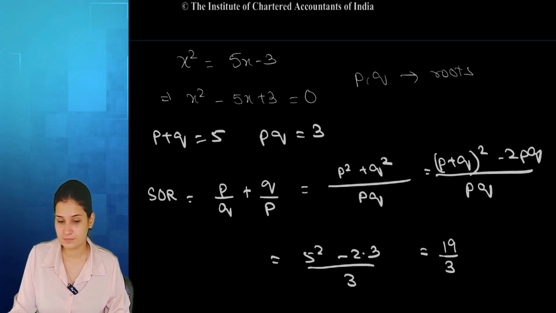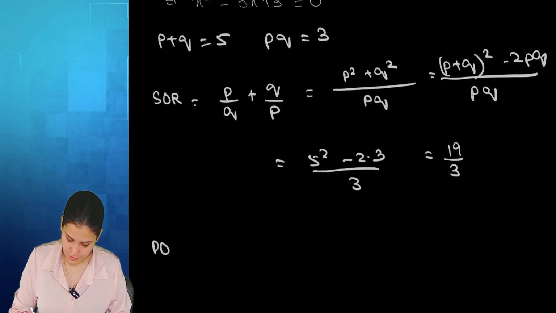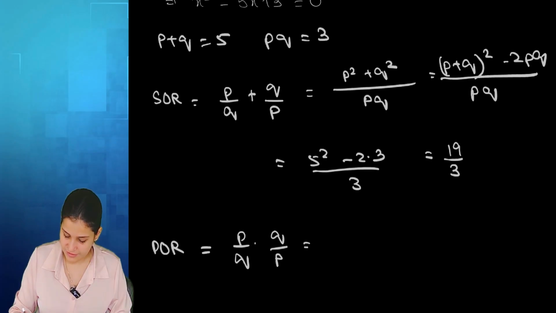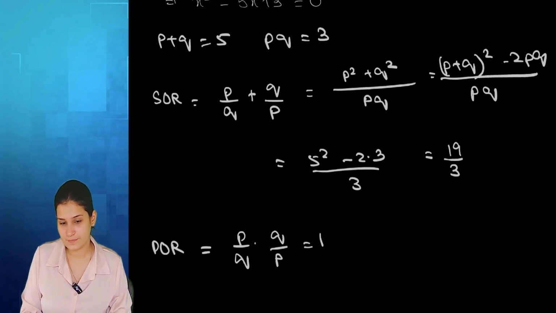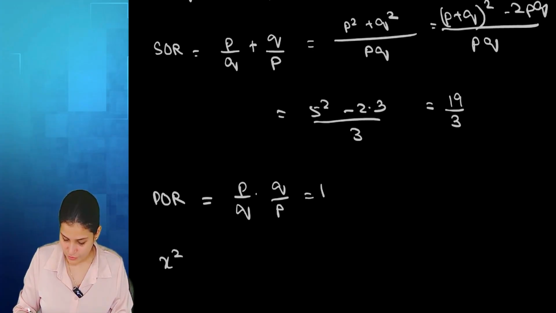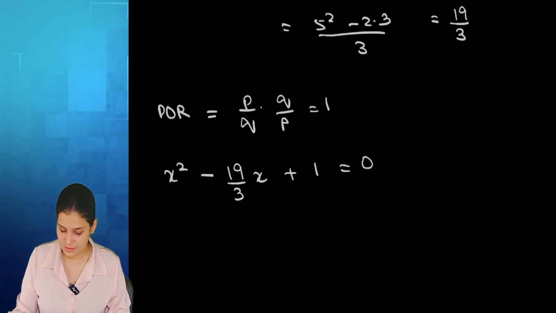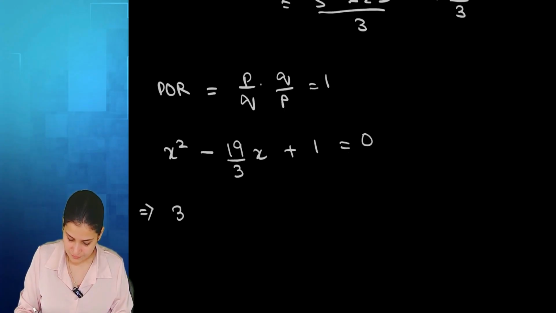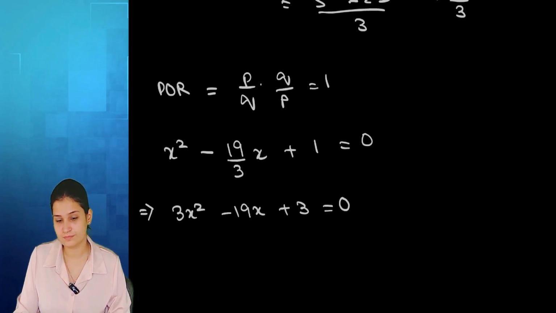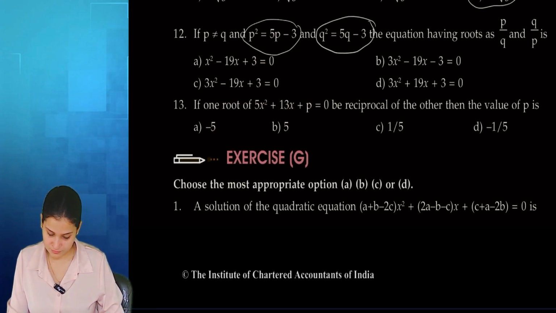And product of roots will be, since they are reciprocal of each other, it will be 1. So my equation x square minus sum of the roots into x plus product of the roots equals 0. Let us take LCM 3. 3x square minus 19x plus 3 equals 0. So that is option C.